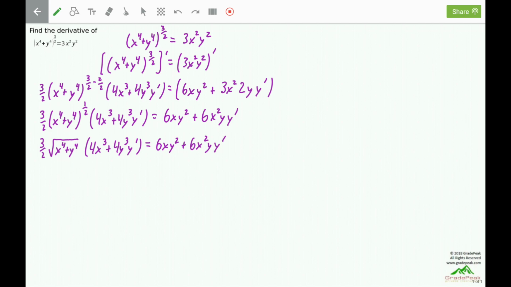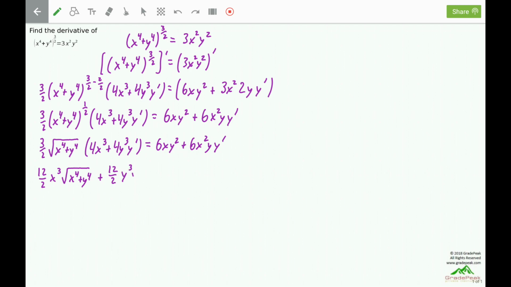Distributing it in, we will have the 3 halves multiply with the 4 on the x cubed. That will give us 12 halves. I will write the x cubed first, and the square root of x to the fourth plus y to the fourth. For the second term, when we distribute it in, again we have a 4 and the 3 halves, which will give us a 12 halves.